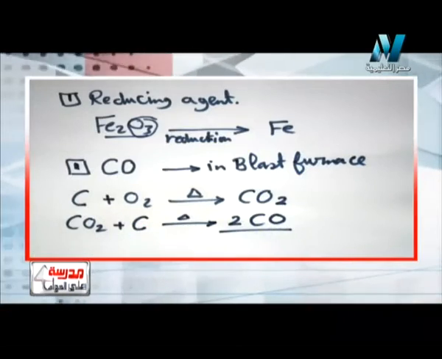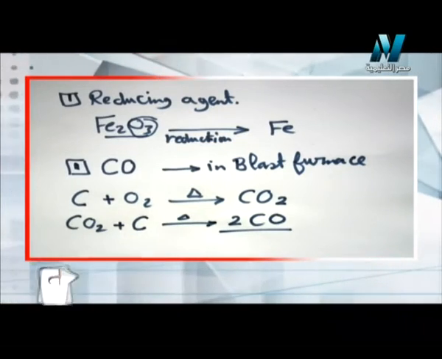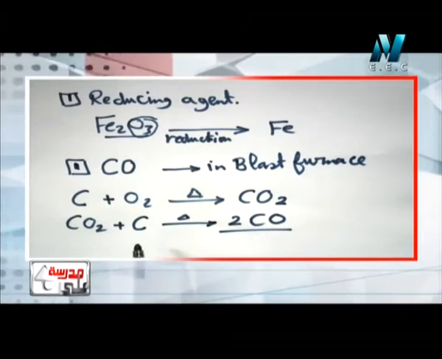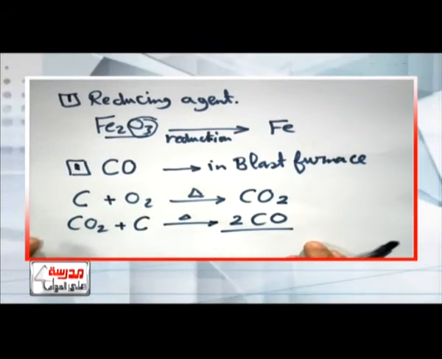So in the blast furnace, carbon monoxide is formed inside the furnace. Why? Because the charge of the blast furnace is carbon with ore, and the oxygen is also found inside the furnace. Carbon combines with oxygen to form carbon dioxide. Carbon dioxide combines with carbon to form carbon monoxide, which is the reducing agent.